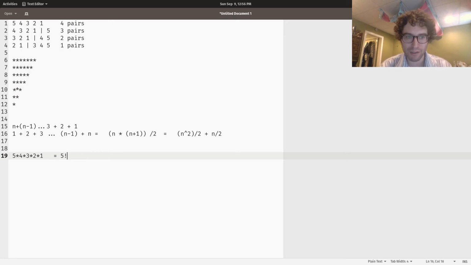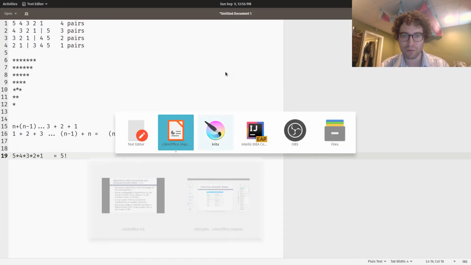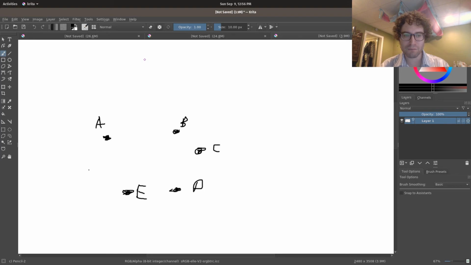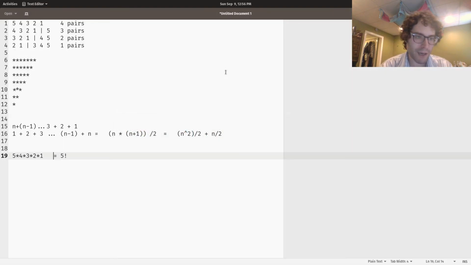It's a lot of choices to make. This should be about 120 different choices that you have to explore. Is that right? Yeah, 5 times 4 is 20, times 3 is 60, times 2 is 120.